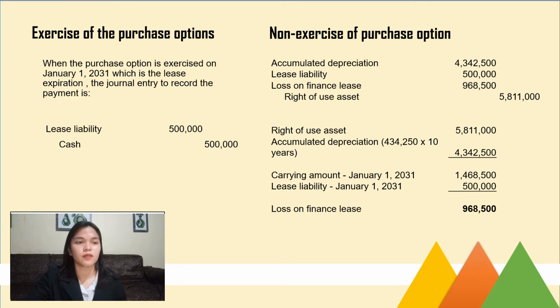So, yun yung carrying amount natin ng January 1, 2031. Yung lease liability naman from January 1, 2031 ay ilalles natin sa carrying amount from January 1, 2031 din. So, we will get a total amount of 968,500.